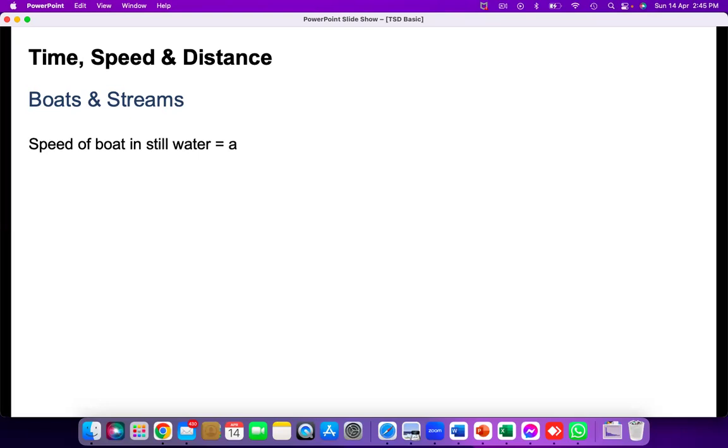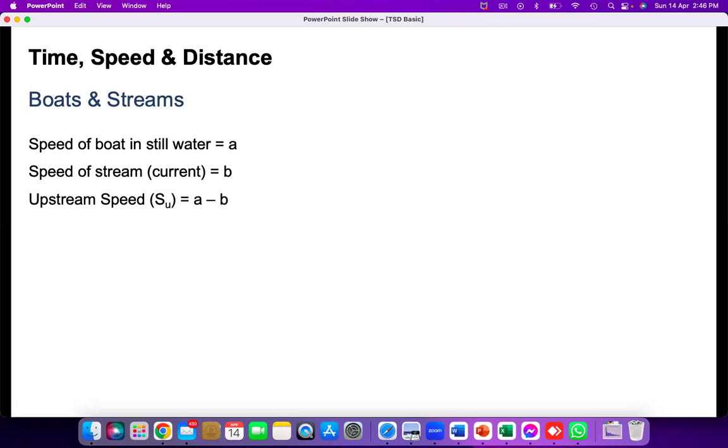Here one body cannot be the reference for the other body. So the speed of the boat in still water, let's say, is A. The speed of the stream, that's the current, is B. Then upstream means opposite to the current, opposite to the stream. A minus B.